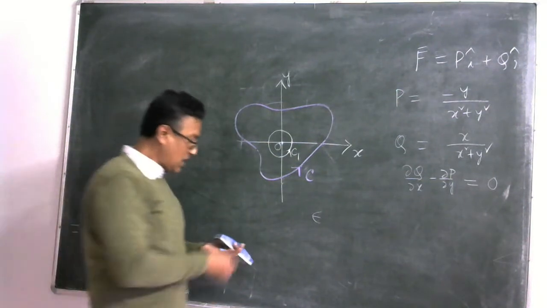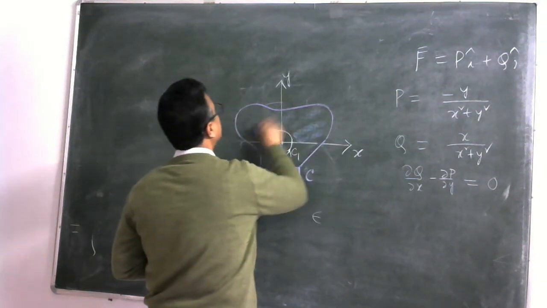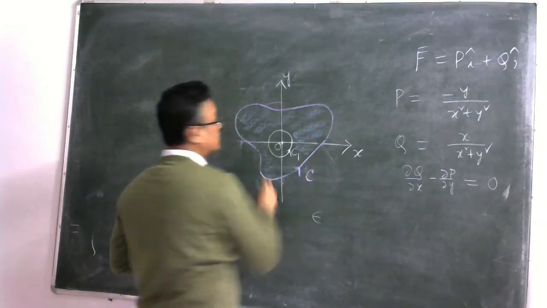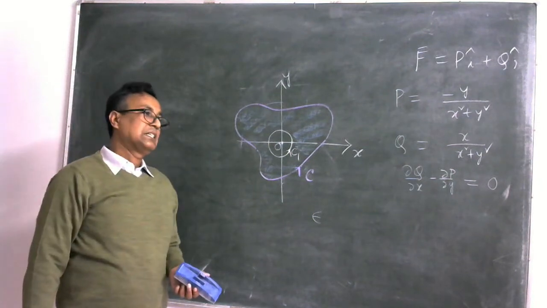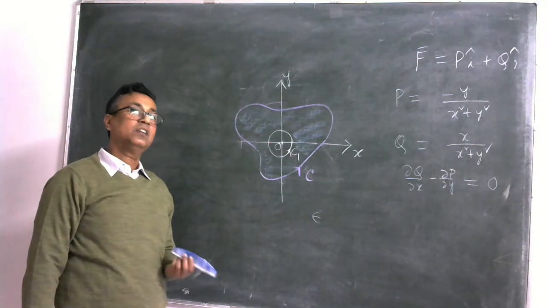Okay, so now let us come to this multiply connected region, which is inside the curve C but outside the circle C1.